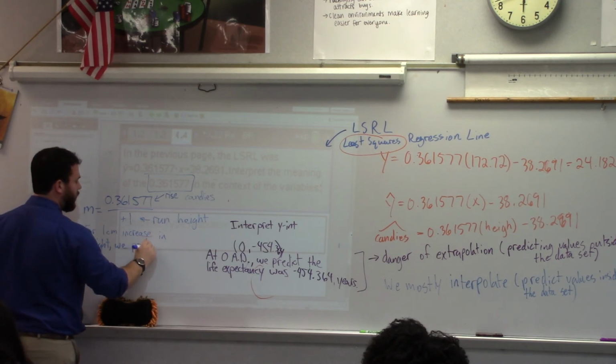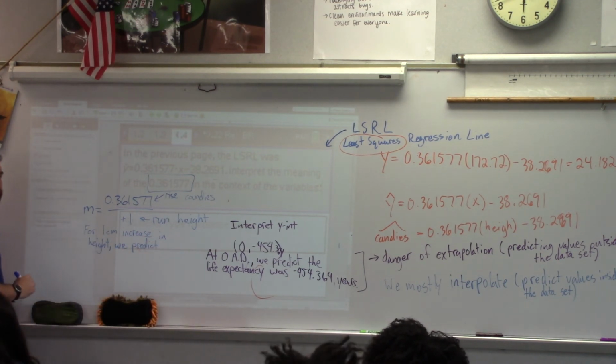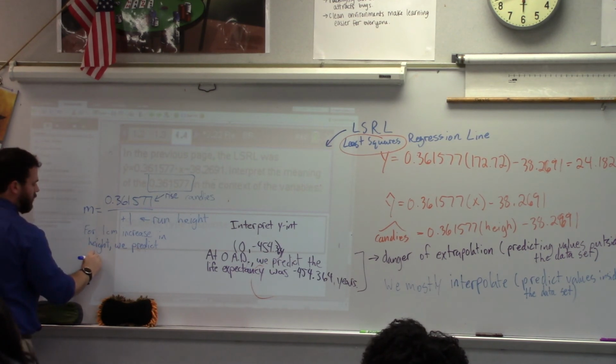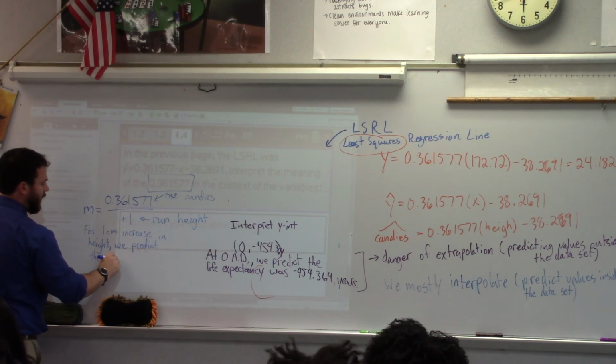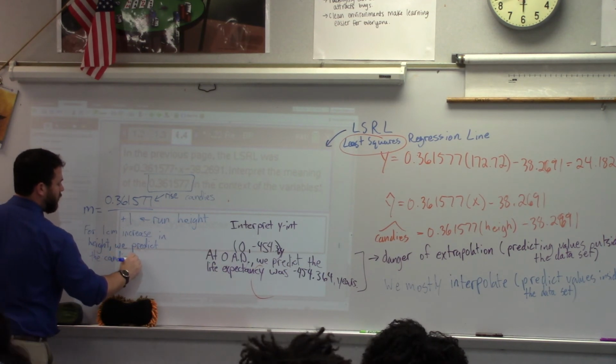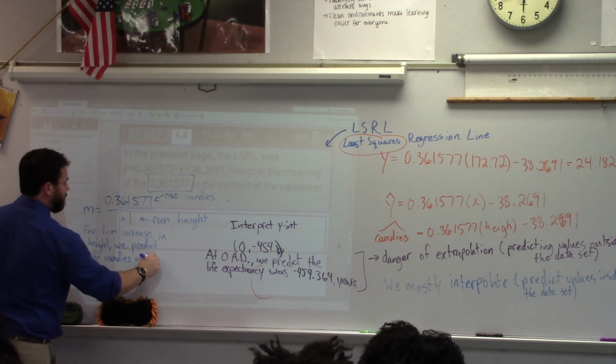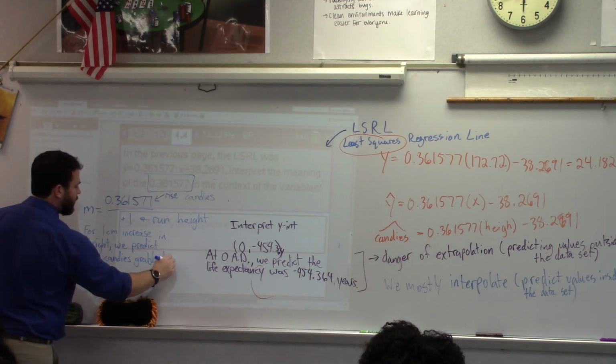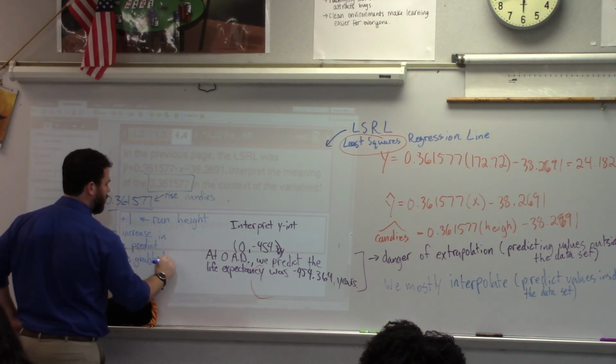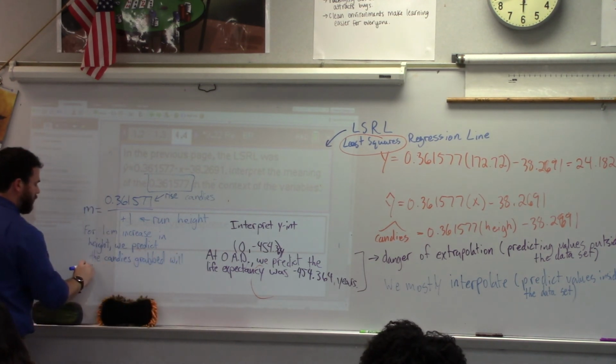What are you talking about there, that 0.36? The candies. We predict that they'll grab. So we predict the candies grabbed will rise, so increase by 0.361577. There we go.